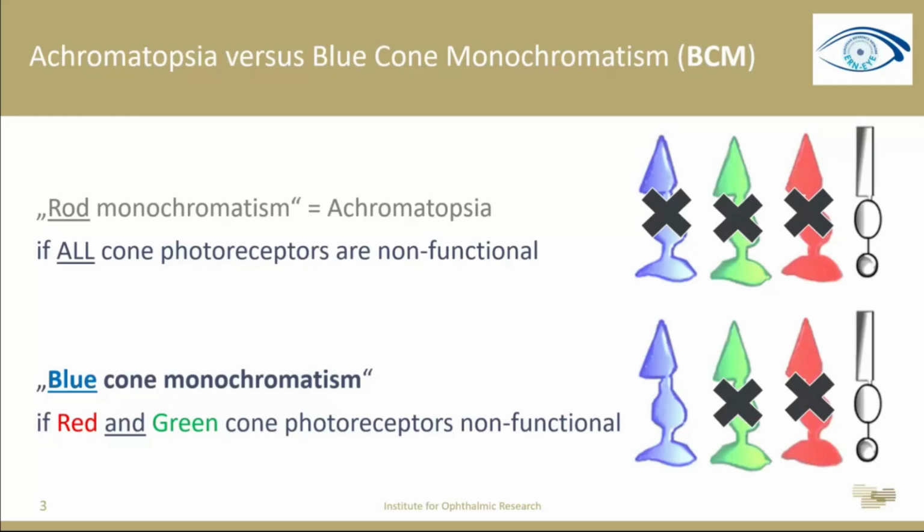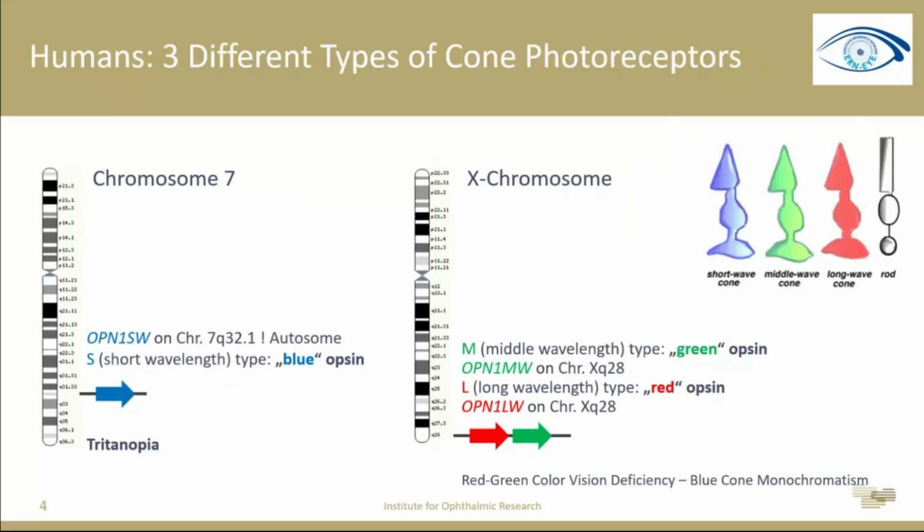We already heard there are no red and green cones functional, in contrast to achromatopsia, where none of the 3 cone types are functional. And that is due to the situation that the OPN1MW and OPN1LW, which encode the middle wavelength sensitive green opsin and the long wavelength sensitive red opsin, are located on the X chromosome, down here at the very, very tip.